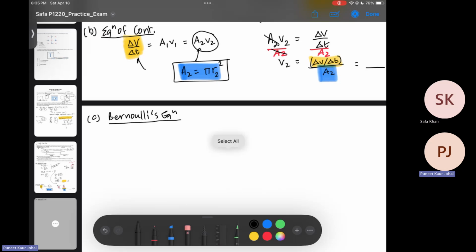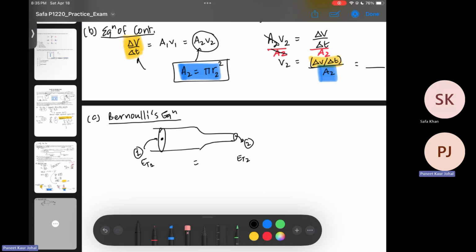So if you have this tube and it's doing something like this, the total energy in the fluid at this point and total energy in the fluid at this point should be equal. So total energy at point one should be equal to total energy at point two. And there are a lot of things going on, right?